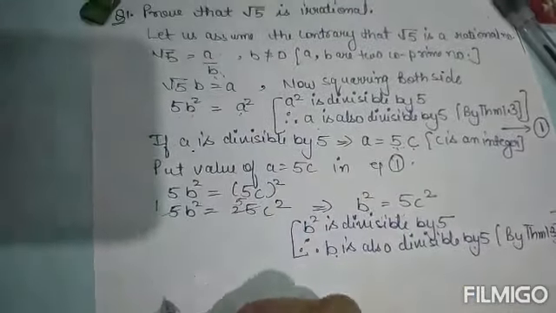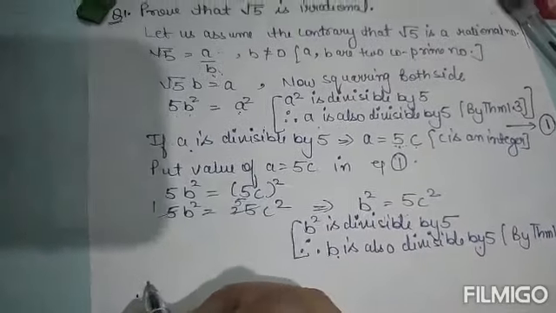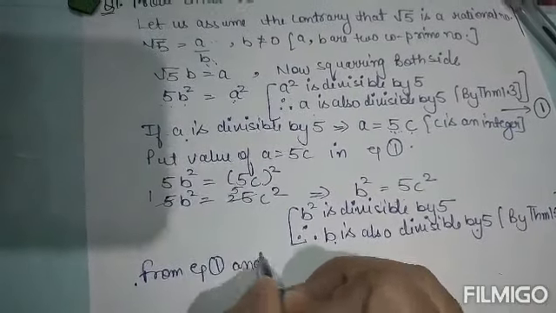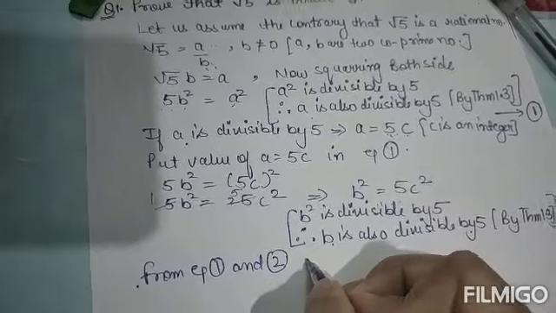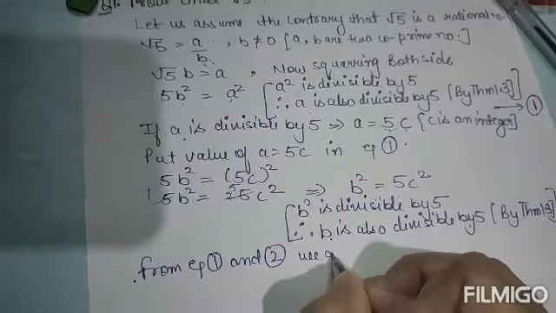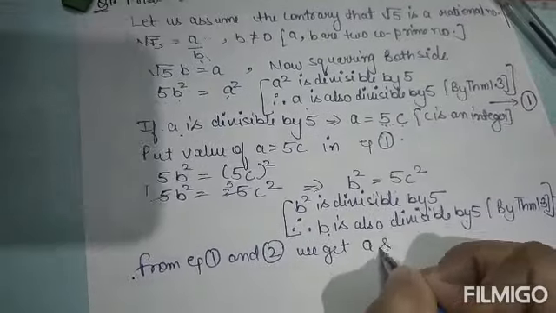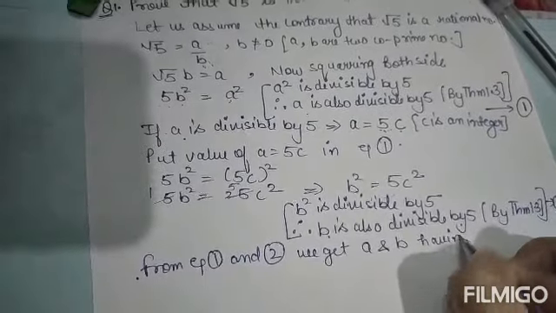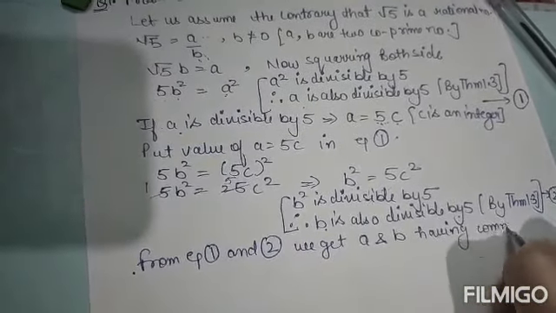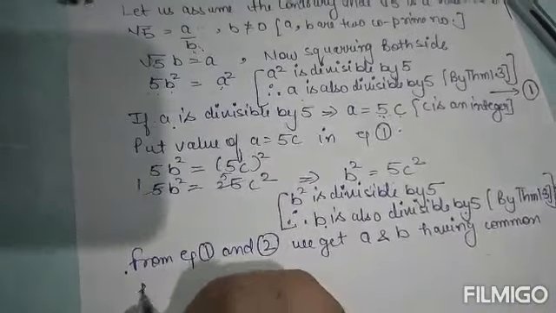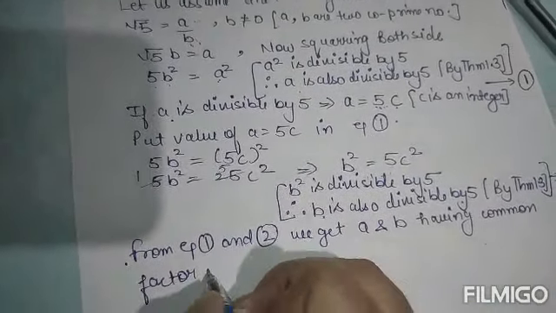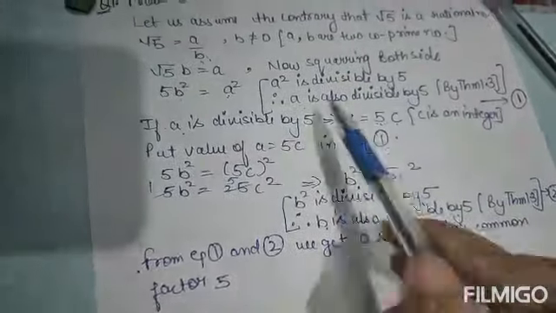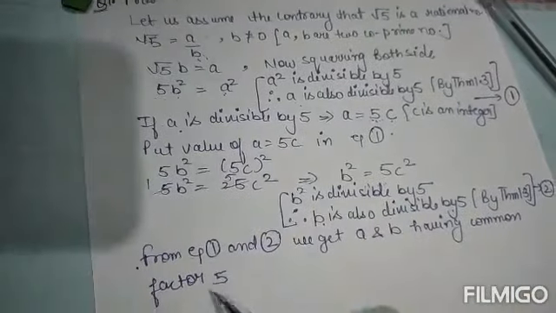So from equation 1 and 2, we get a and b having a common factor, that is 5. 5 is coming common in both a and b because it is dividing both a and b.